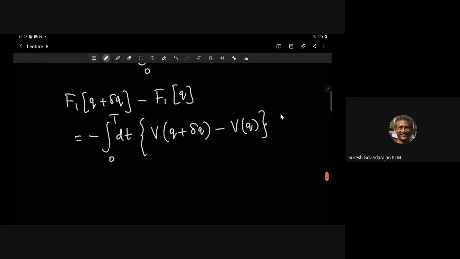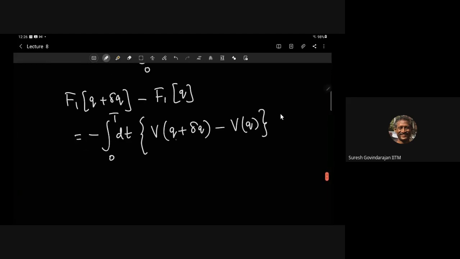Now the time dependence of this term is buried inside this q. So this is some function of a single variable, so we can just write this as dv by dq, just the normal derivative, times delta q.